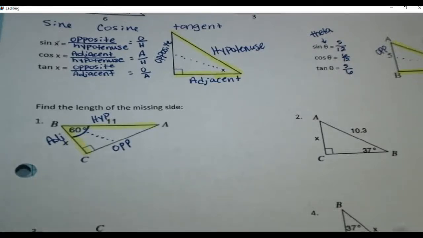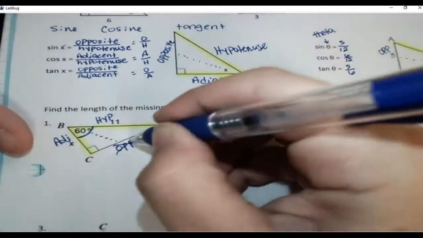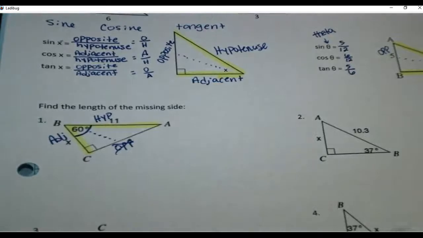Okay. So which side do I want to find? Adjacent. Good. Which side do I know? The hypotenuse. Do I know anything about the opposite? Do I care about the opposite? All I know is I care about the adjacent and I care about the hypotenuse.